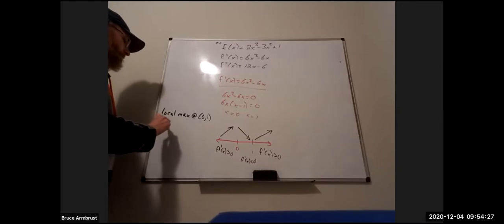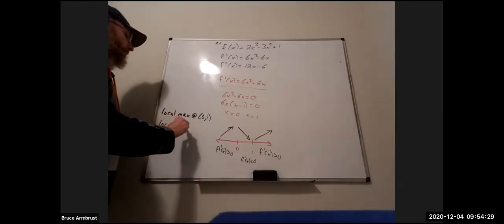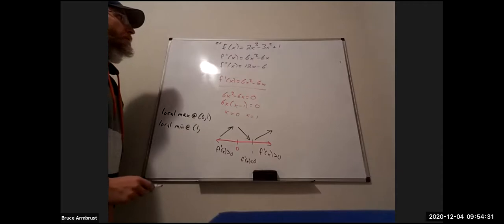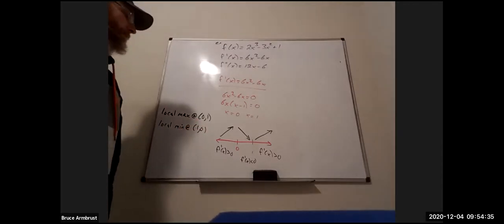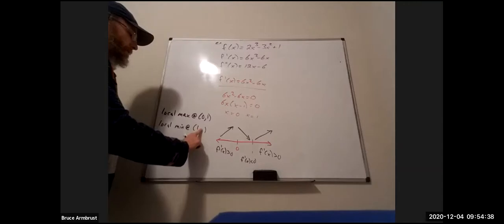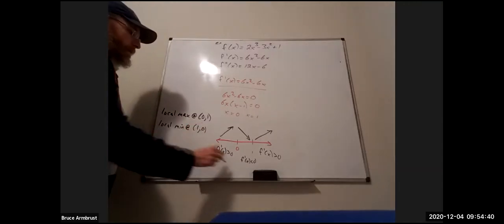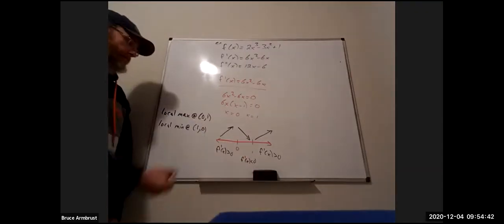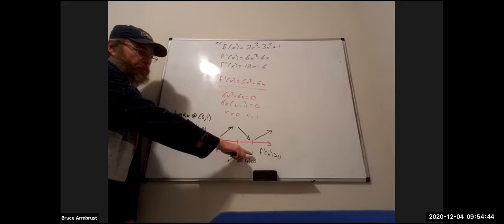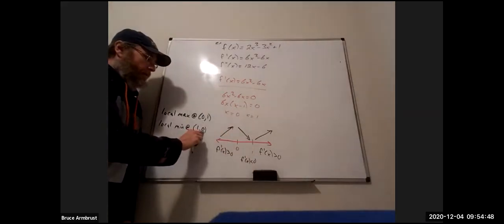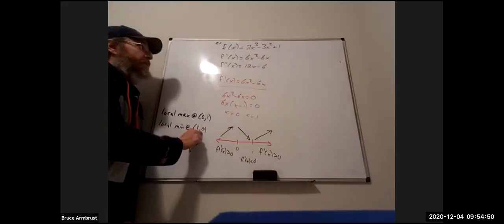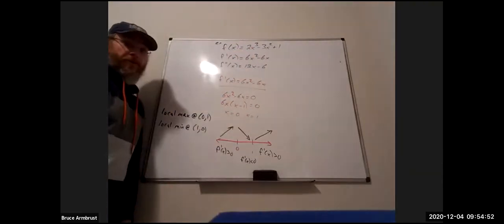There's also going to be a local min at (1, 0). So x equals 1 is going to be a minimum because I'm going down and then I'm going back up. And then the 0 came from plugging the 1 into the original function.